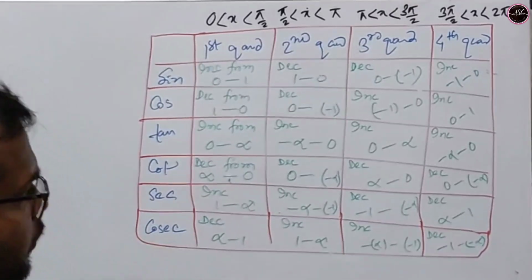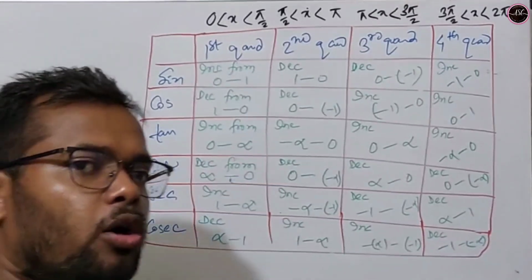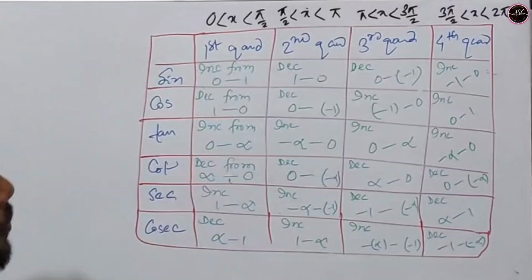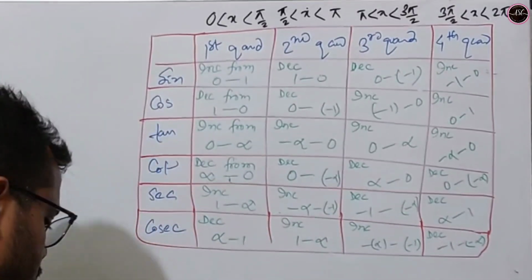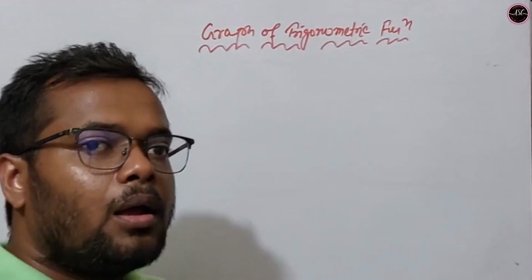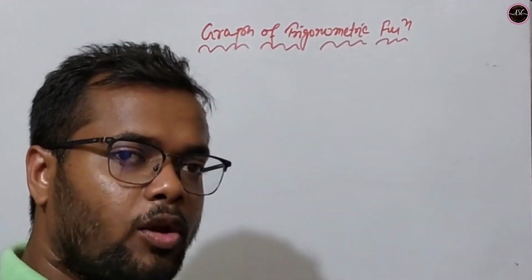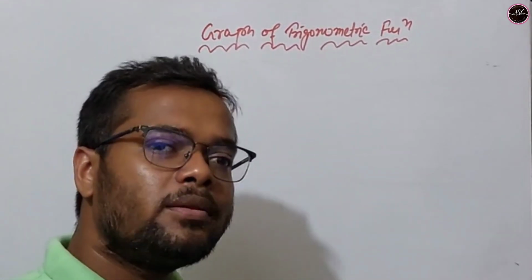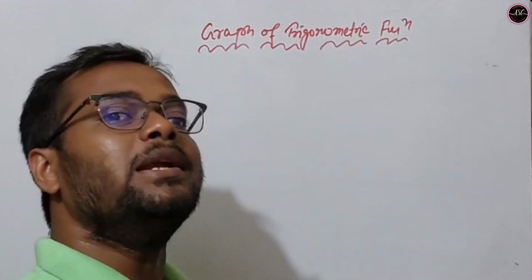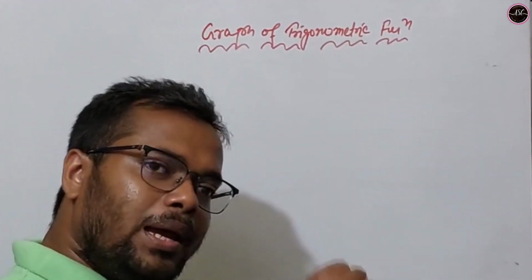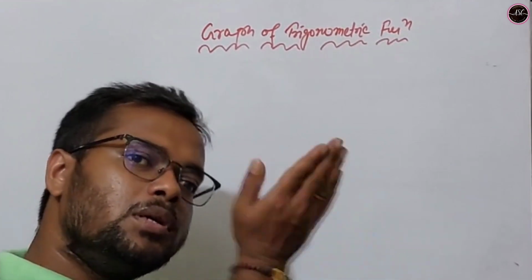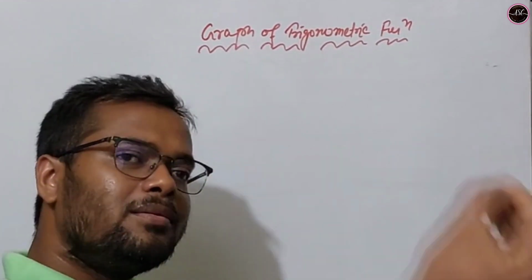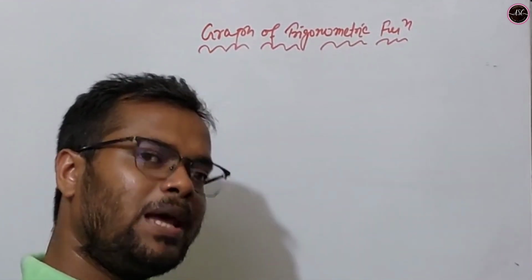From this table we can draw the graph of the function. How will the graph be? We have seen that in the interval of 2 pi, the values of sin x and cos x repeat. If x equals 0 and sin x is 0, then at 2 pi the value will also be 0.